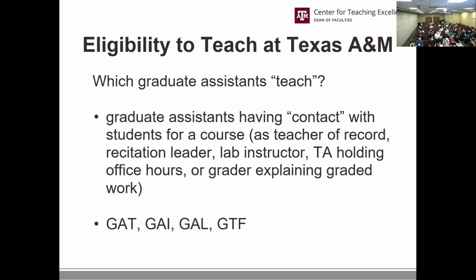So you would be required to be English language proficiency certified. And if your job title in the human resources coding is graduate assistant teaching, graduate assistant instructor, graduate assistant lecturer, graduate teaching fellow, then you also are required to have English language certification. The university does perform an audit in the middle of semesters.